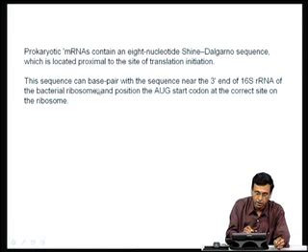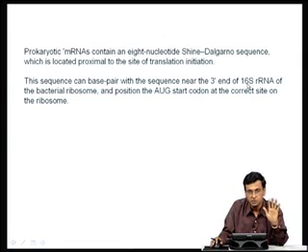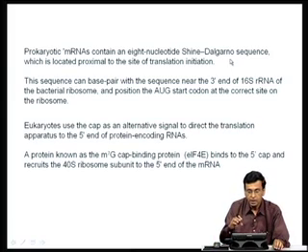And this Shine-Dalgarno sequence can base pair with the sequence near the 3' end of the 16S ribosomal RNA of the bacterial ribosome, and then translation initiates from the first AUG codon it encounters. So, the Shine-Dalgarno sequence is involved in recognition by the ribosome in prokaryotes and accurate initiation of translation, whereas in the case of eukaryotes, this function is taken over by the mRNA cap structure.